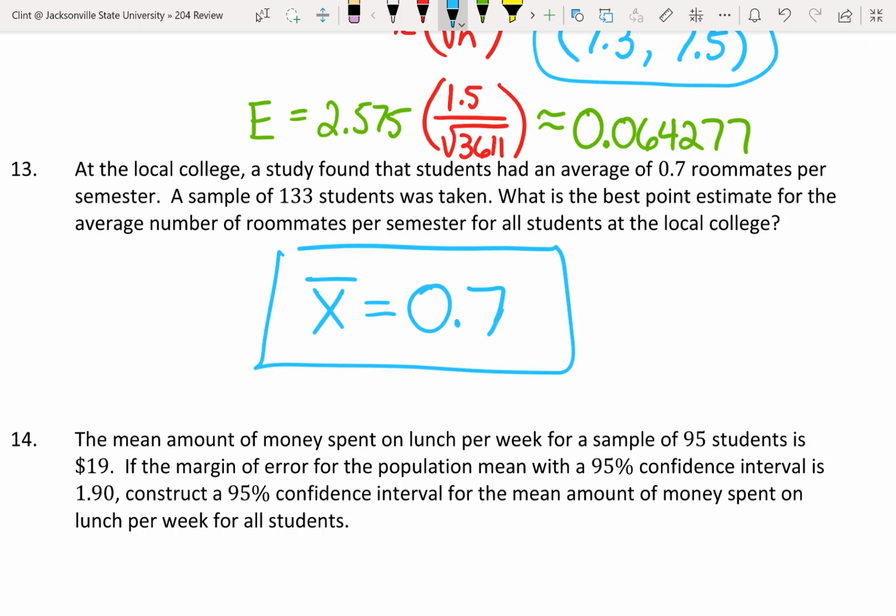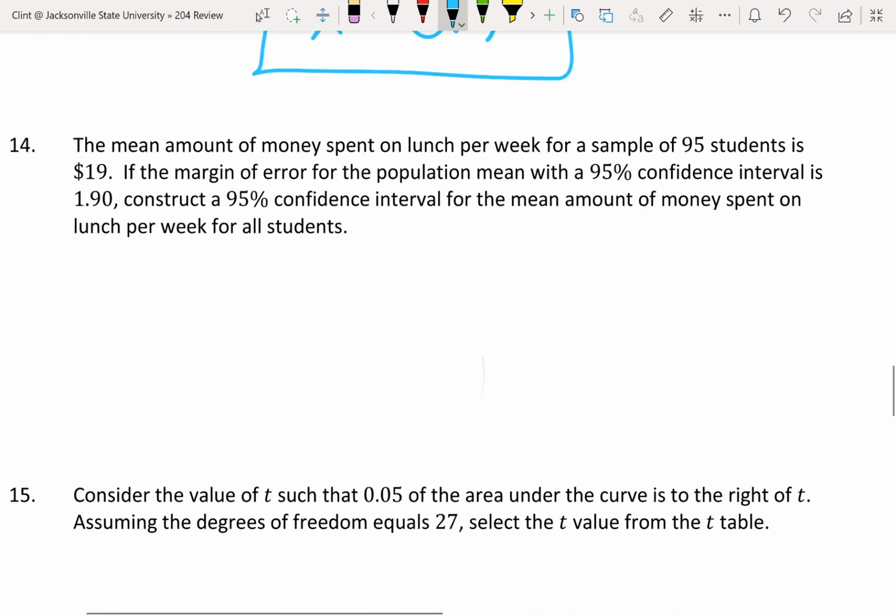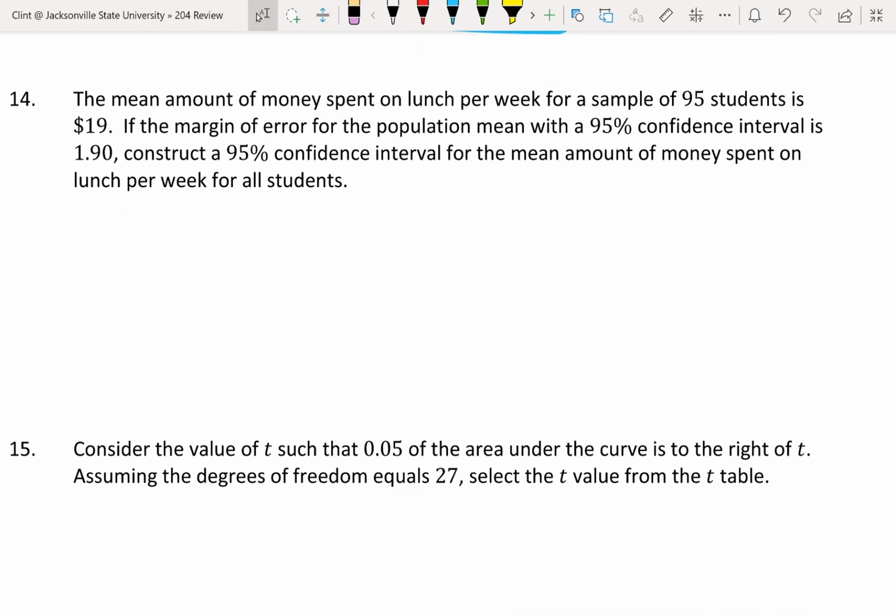Questions on that one? Okay. 14 says the mean amount of money spent on lunch per week for a sample of 95 students is $19.